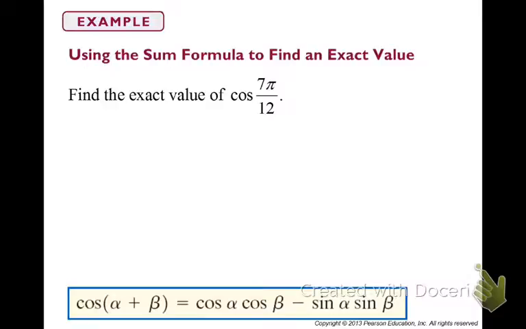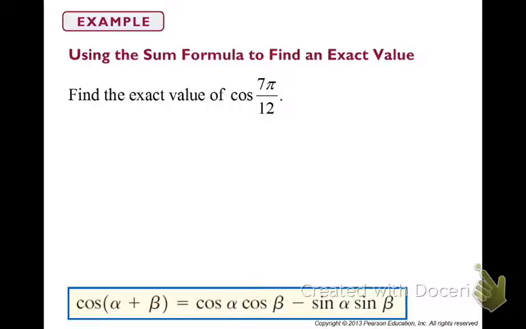We're going to find the exact value of cosine of 7 pi over 12. Well, I only have one angle here, right? But I need two.